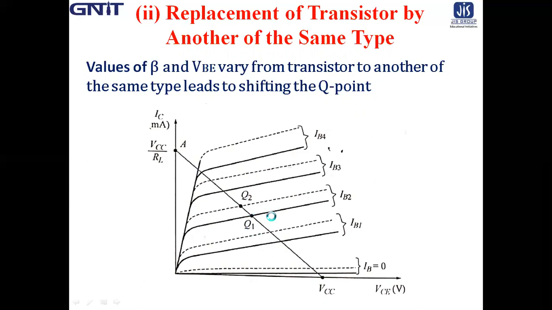Here we have assumed that beta is larger for the replaced transistor. The operating point shifts from Q1 to Q2, even if IB is maintained constant at IB2 by the biasing circuit. The shifted Q point may be unsatisfactory since the replaced transistor may find itself in the saturation region.